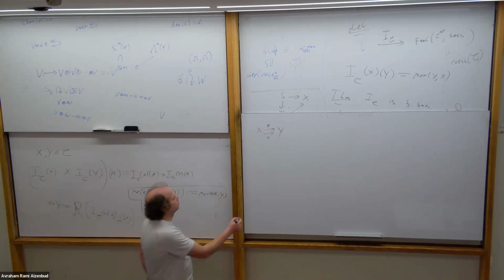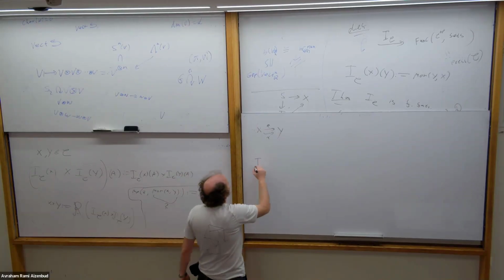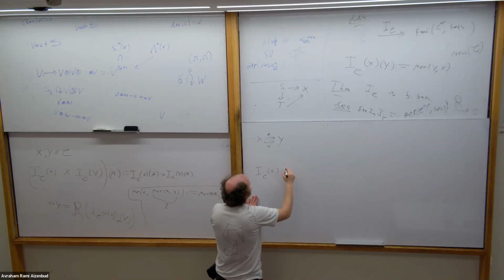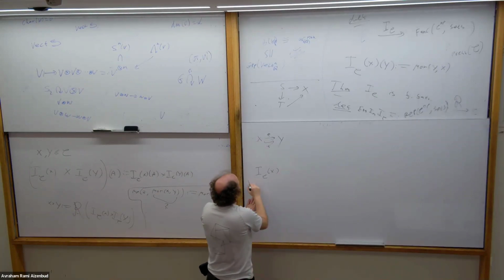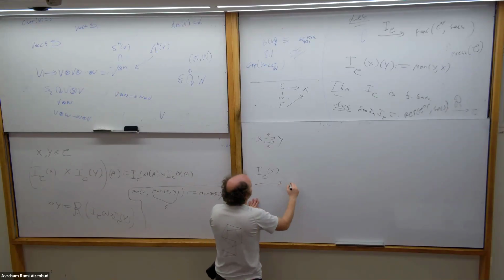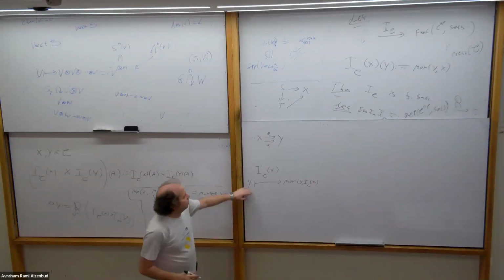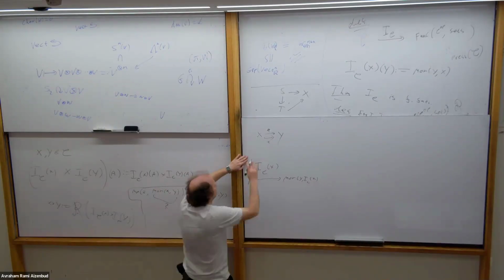So let's see what a unit image is. I call it a function that sends Y to, no, not Y, it's Z.